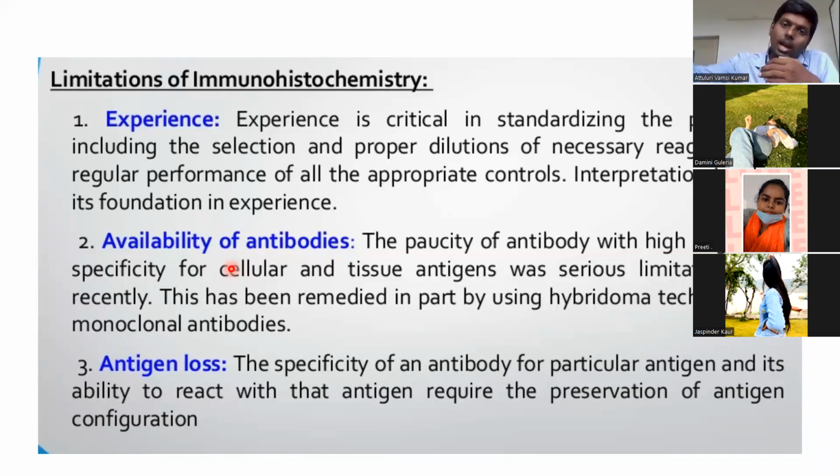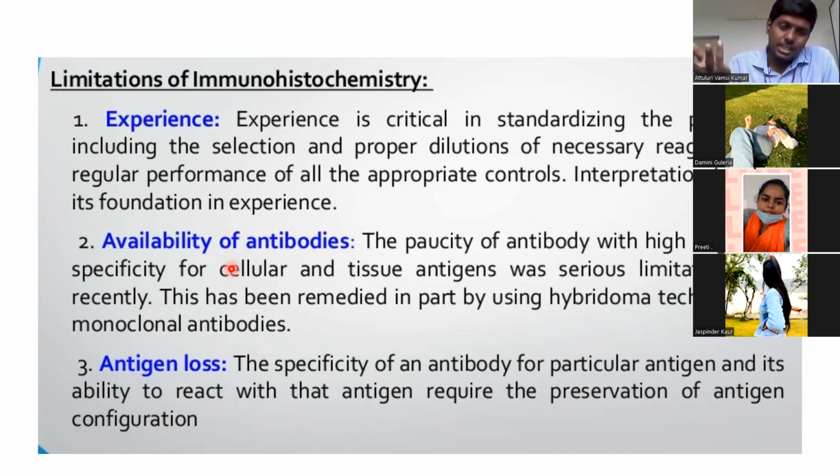If the industry doesn't have the antibodies that I want, because my protein is a very unique protein not present anywhere, availability of antibodies is a really challenging thing. I know that I want to detect this particular antigen, but no one has made antibodies to it. There are no commercially available antibodies to my specific antigen, and non-availability of antibodies is also one problem. So these are the three challenges that we are facing in immunohistochemistry.